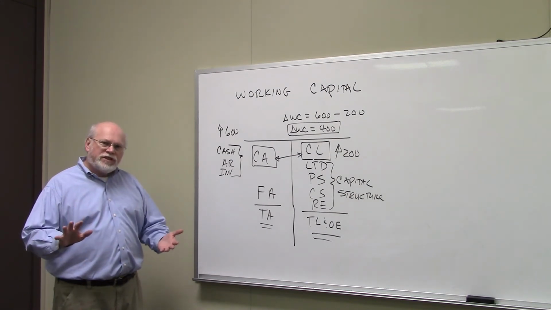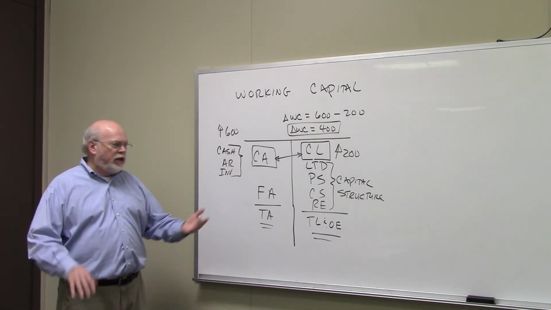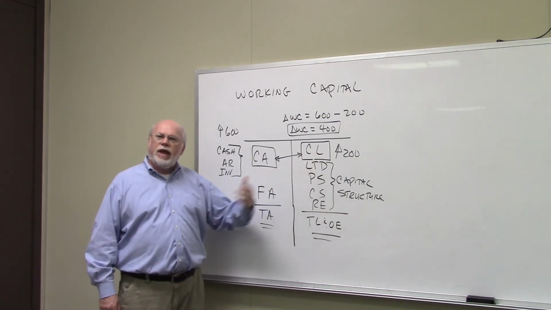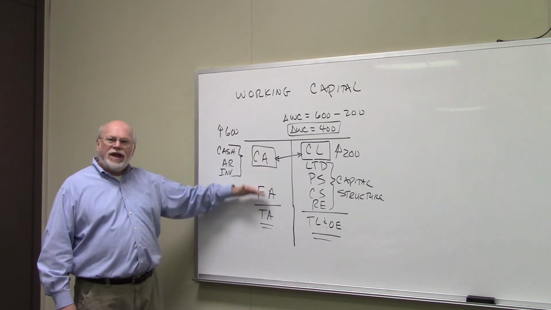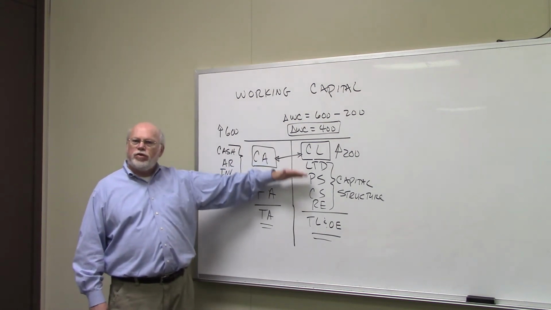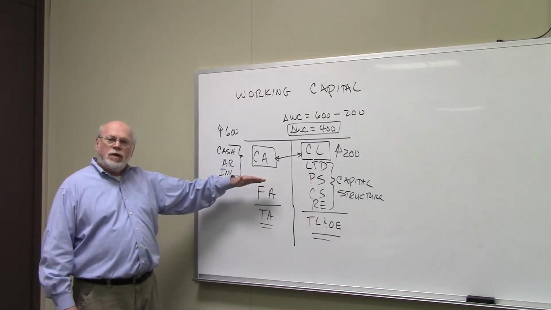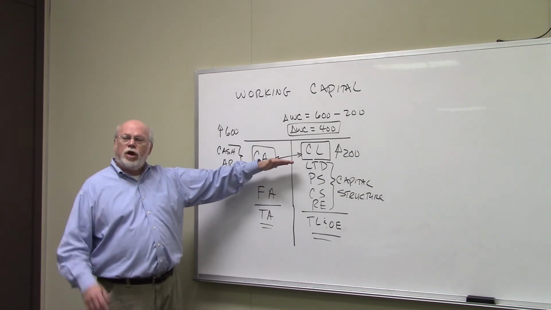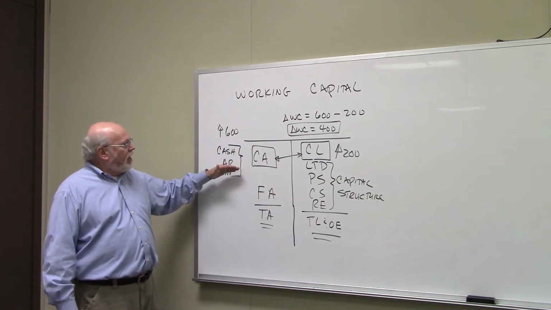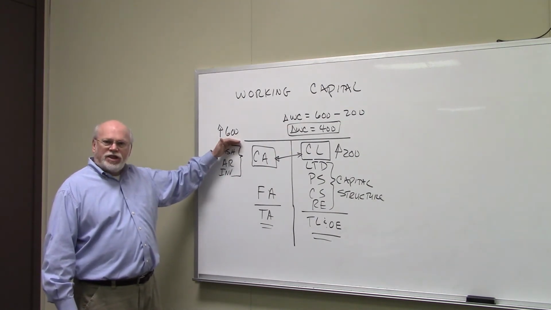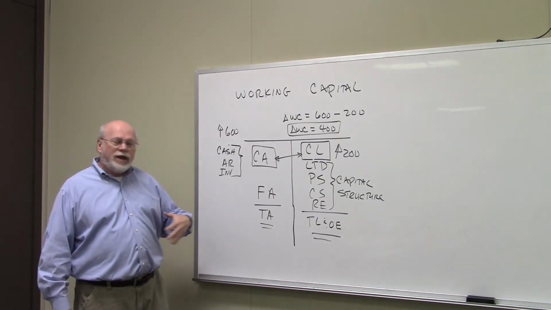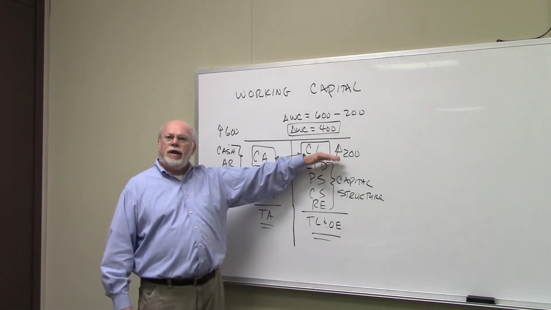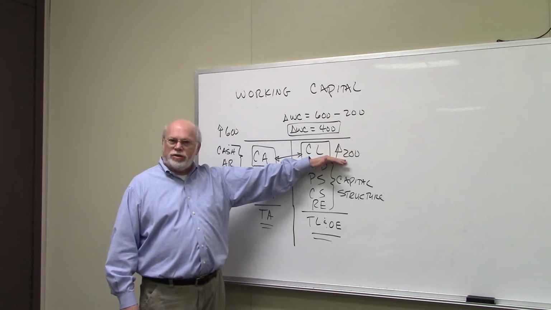In a normative sense, the way things should be done, you should finance current assets with current liabilities. You match the life of the assets with the maturity of the debt. So a current asset, a short-term asset, should be financed with what? A short-term liability. If our current assets were going to go up, what we'd really like is for our creditors over here to give us $600 more.